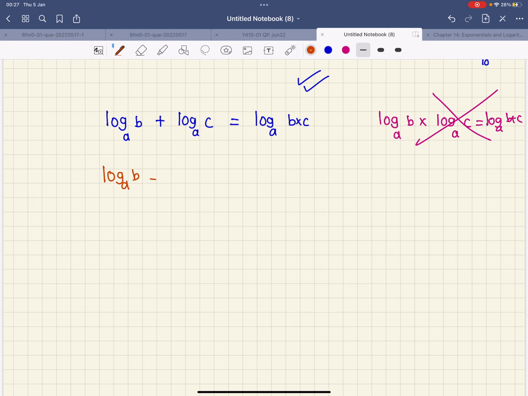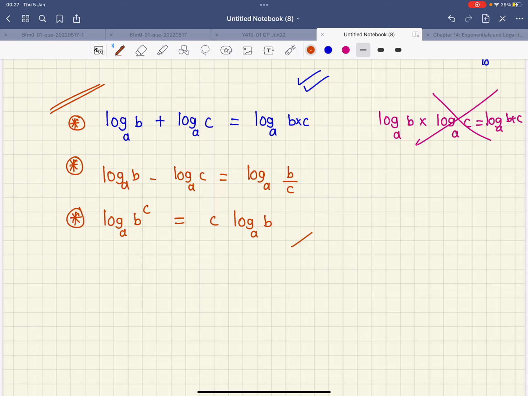Log_a b minus log_a c is equal to log_a of b divided by c. Log_a of b to the power of c is equal to c log_a b. These three are the golden rules that you should be remembering all the time when you do logs.